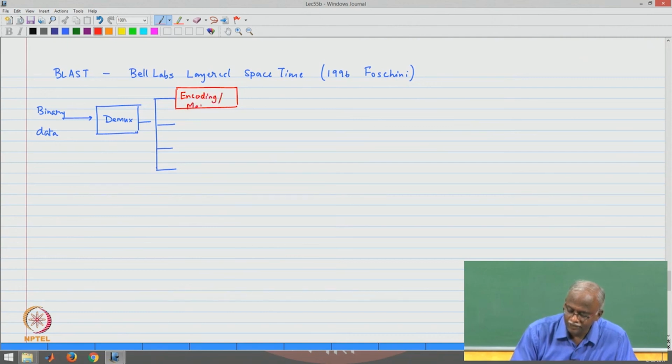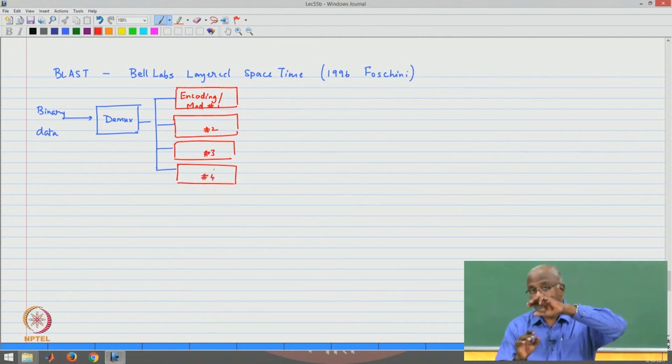and modulation. So, this is encoding modulation block number 1, and then we have encoding modulation block number 2, block number 3 and block number 4.